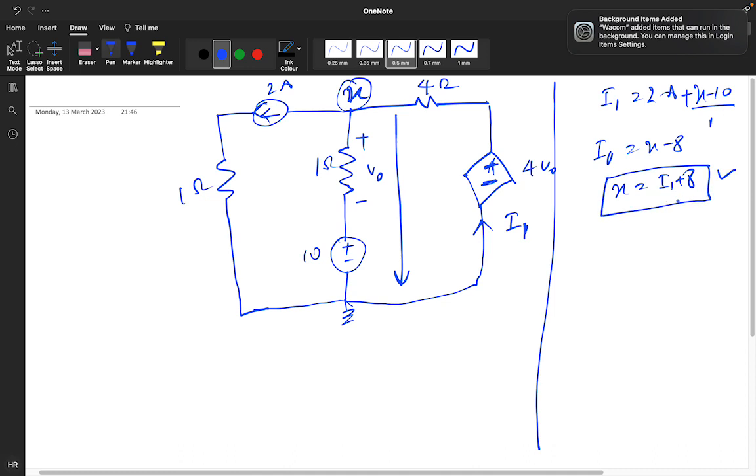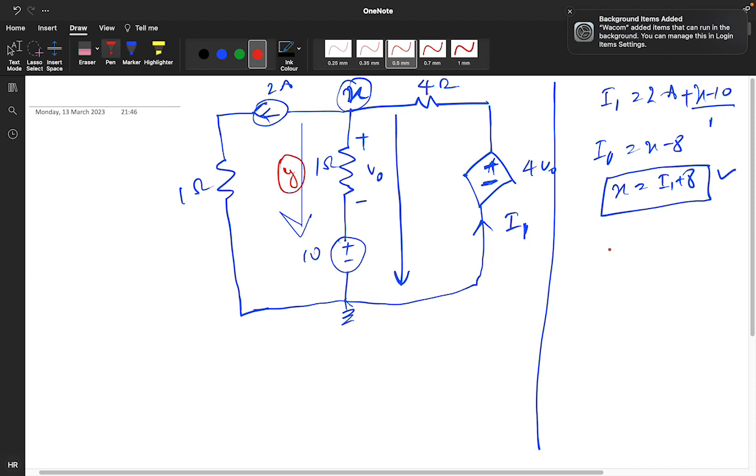Okay. So if you want to find the current, like I1 current, you got x minus 8, and with this same current you can apply the KCL. You will get the value of the current in this branch itself. So you apply and get the results. Suppose in this branch the current is y.